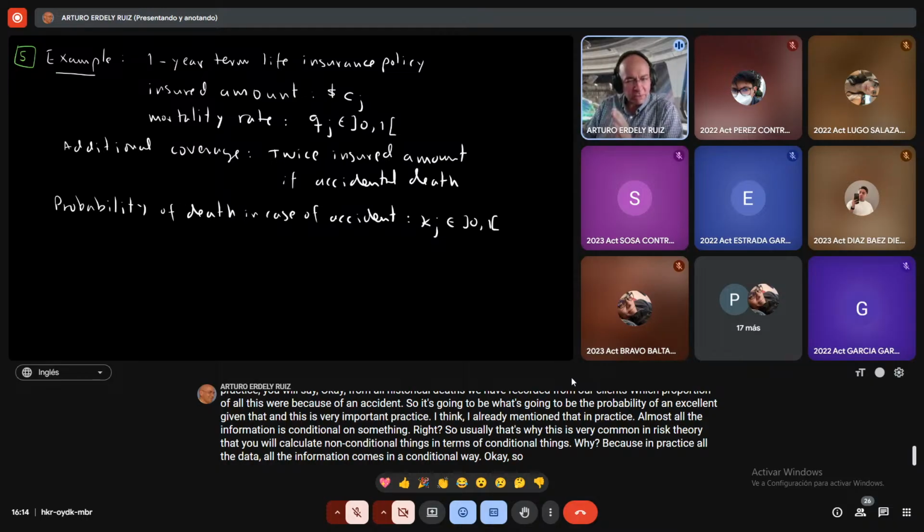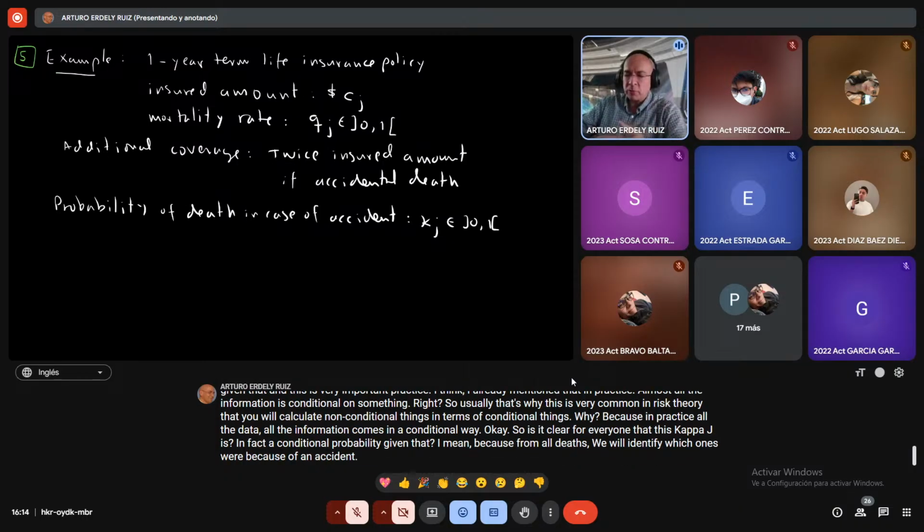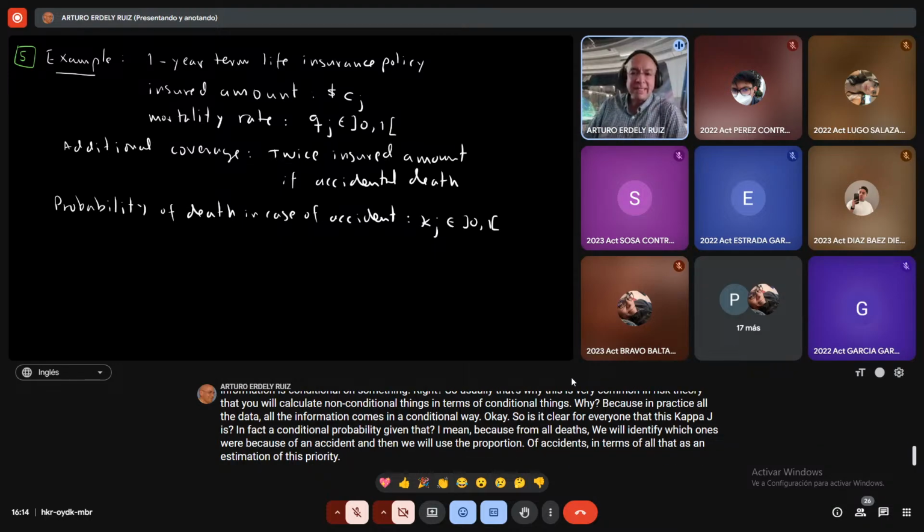Okay, so is it clear for everyone that this kappa J is in fact a conditional probability given death? I mean, because from all deaths, we will identify which ones were because of an accident. And then we will use the proportion of accidents in terms of all deaths as an estimation of this probability of death in case of accident, right? Is it clear for everyone?